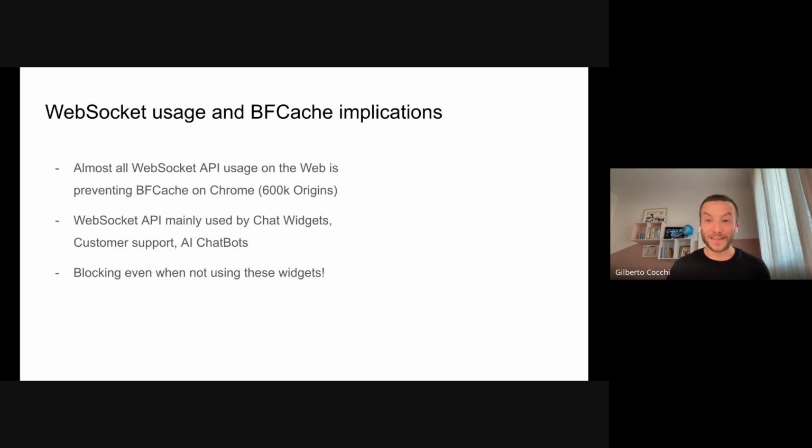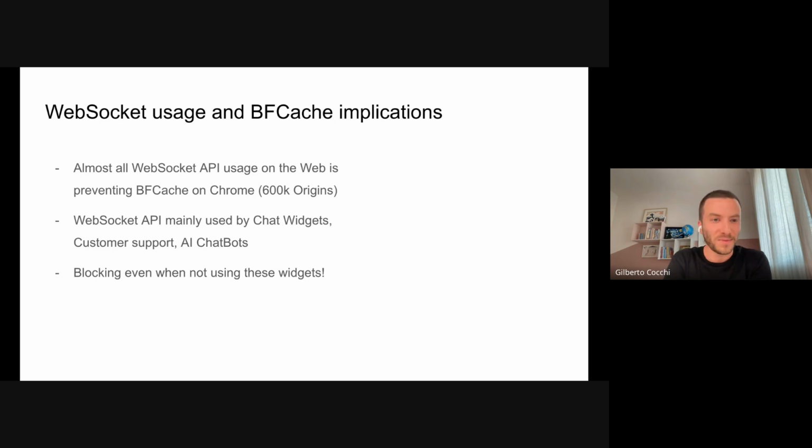Okay, and the fourth part that I wanted to mention, which really surprised me, is WebSocket. I found out about the WebSocket implication for BFCache, again by digging in the HTTP Archive, and it was fascinating.